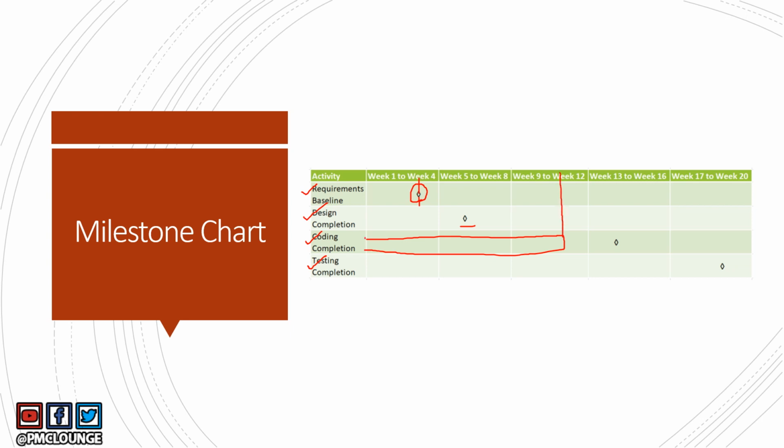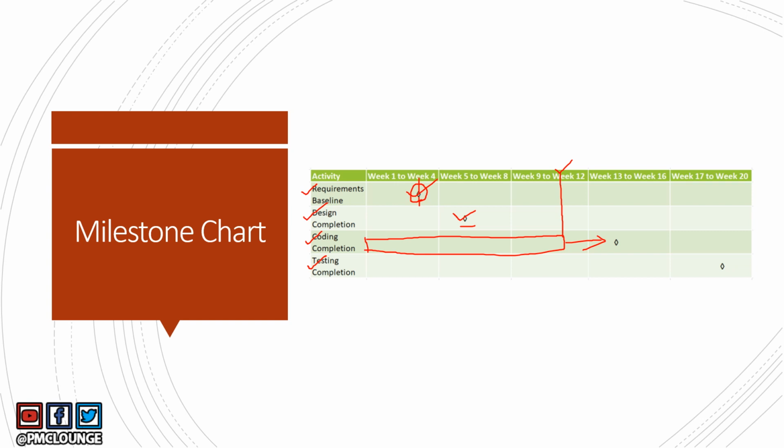They'll draw a bar here so that the dependent teams, dependent stakeholders can understand that these two milestones, requirements baseline and design completion, are already done. We are in week 11 right now, and the next milestone is coding completion, right? So this is how, like I said, different project managers have different ways of representing. This is just one way that you can represent where your project stands through the milestone chart itself.